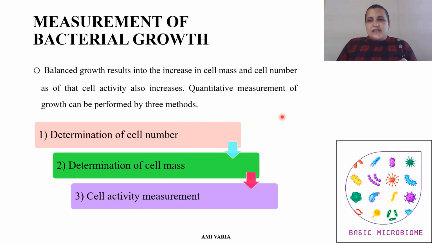It is also helpful in the measurement of cellular activity. The quantitative measurement of growth can be performed by three different methods. First is determination of cell number, second is determination of cell mass, and third is cellular activity measurement.